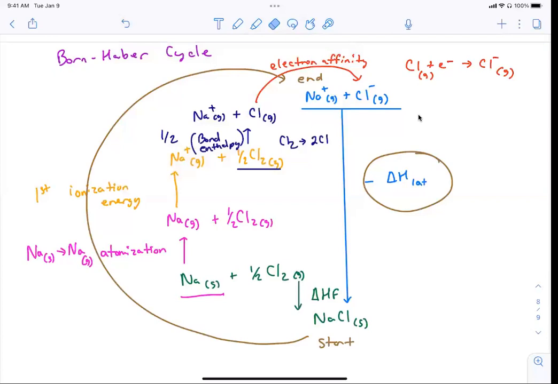So what I would do is I would flip the enthalpy of formation, because the arrow is going the wrong way, add atomization, add ionization energy, add 1/2 bond enthalpy, add electron affinity, and all of that would equal my lattice enthalpy. Do you see how I did that?